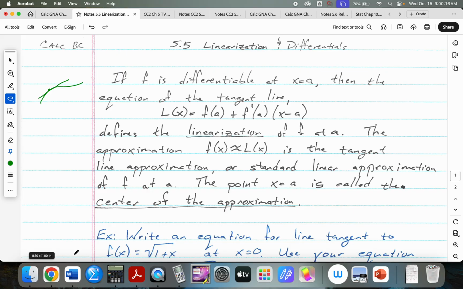So here's how it works. If f is differentiable at x equals a, then the equation of the tangent line, which although we didn't write it out like this is point slope, right? If you just put a y here instead of an L of x, it's the value of the function at that point, y plus the derivative, the slope, times x minus a.